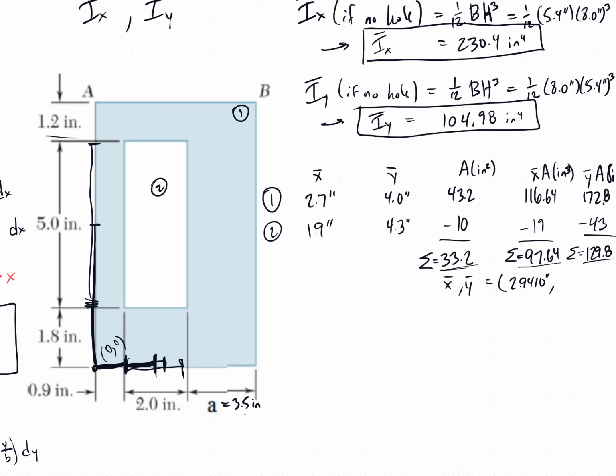And for y bar, we get 129.8 divided by 33.2, and we get 3.9096 inches.